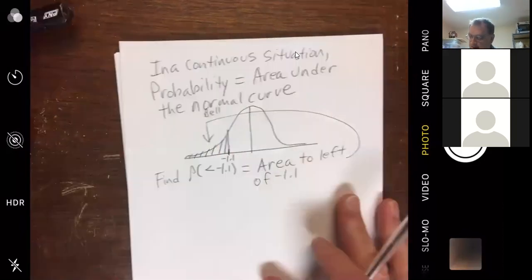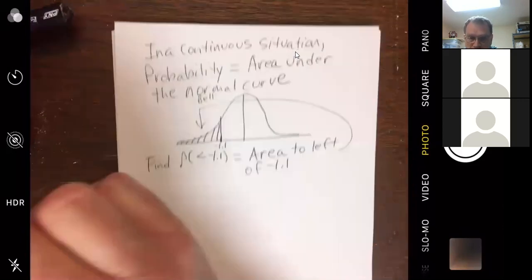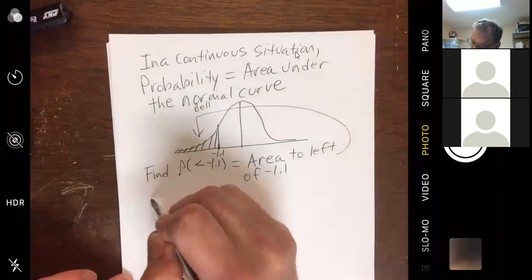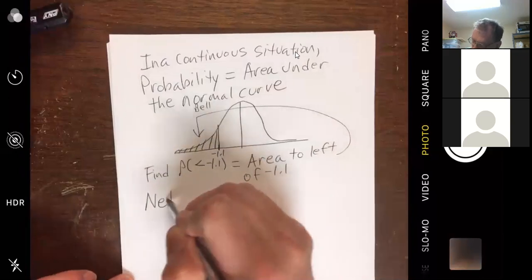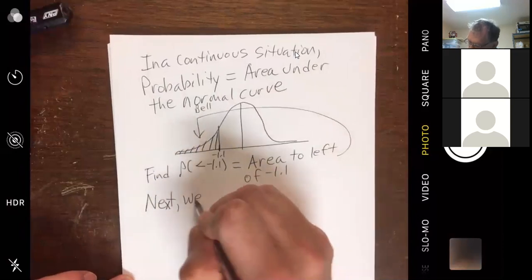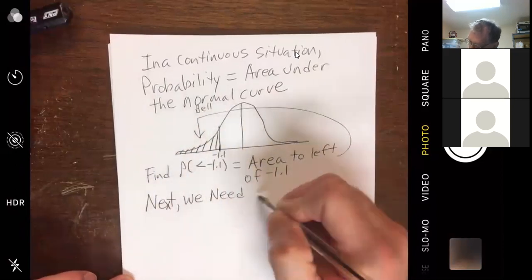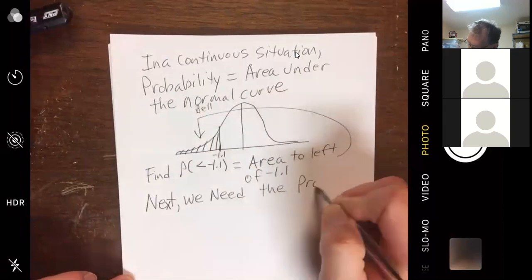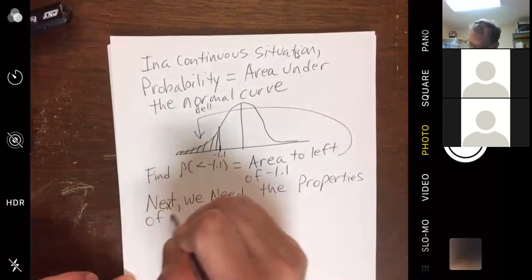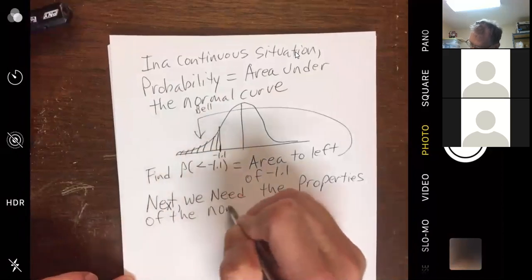Okay, so to proceed, we need to give you the properties of the normal curve.